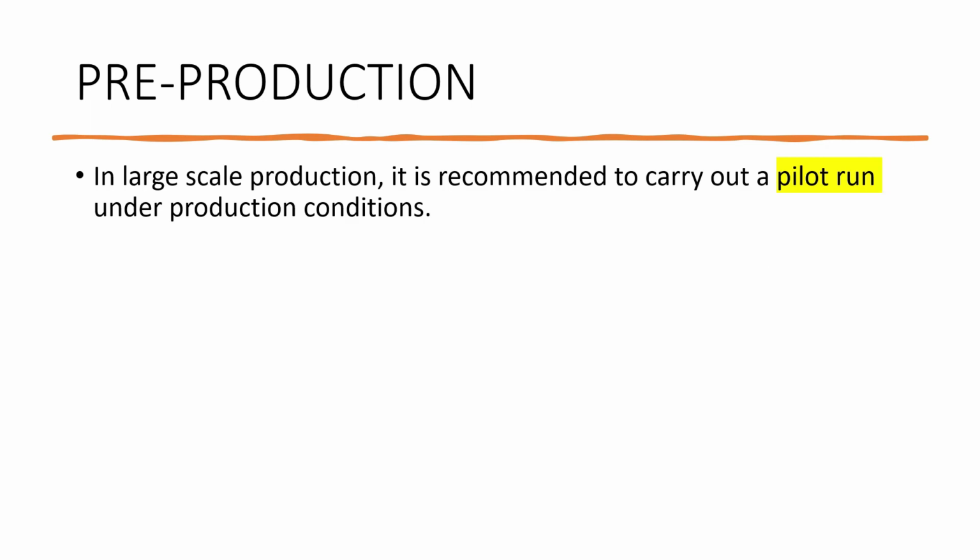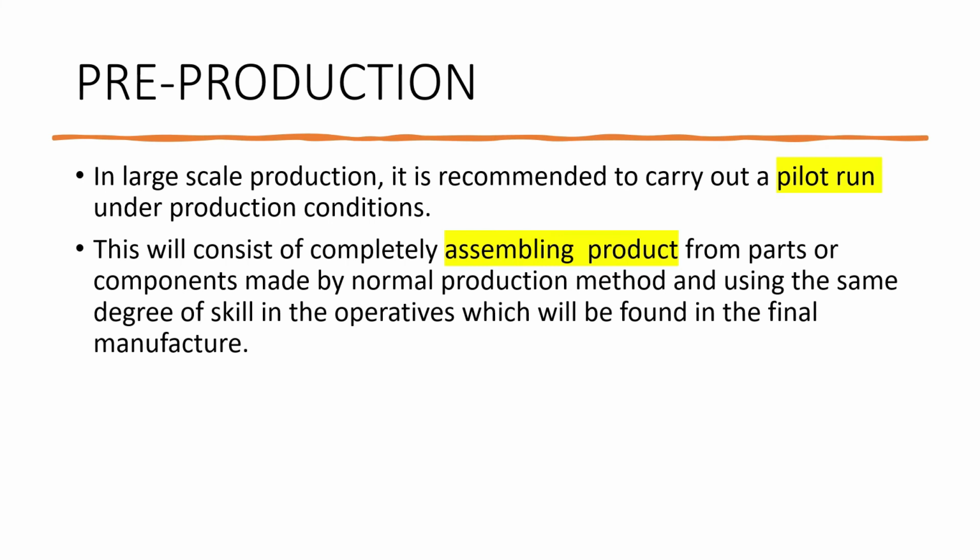Then we have the pre-production stage. The pre-production, that means before launching a large-scale production, we will have a pilot run. That means we will produce some goods in real situations. That means we are completely assembling the product from the parts or components made by the normal production method. And we are using the same degree of skill in the operatives, just like in the final manufacture. So we are simulating the actual conditions here.